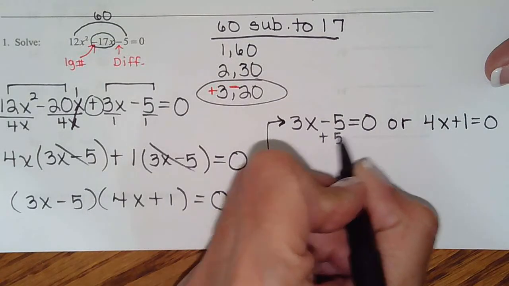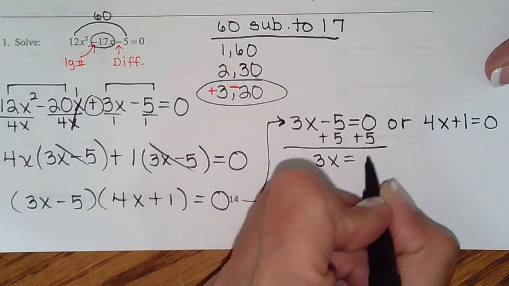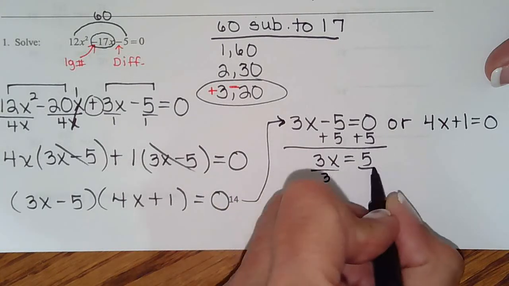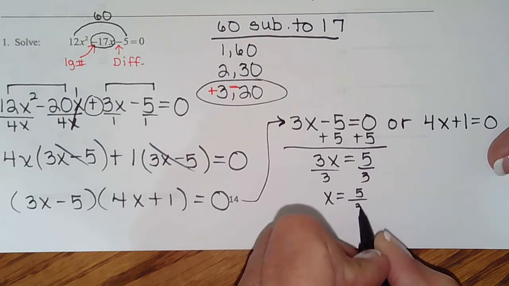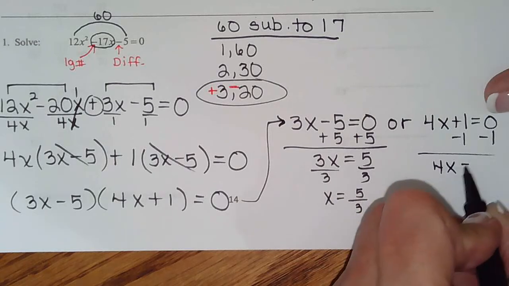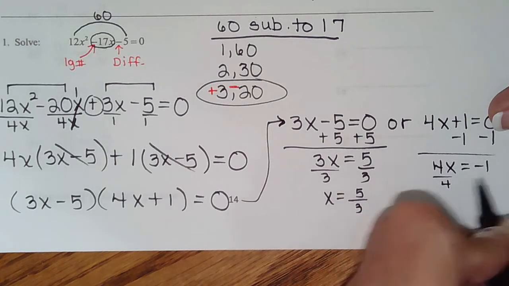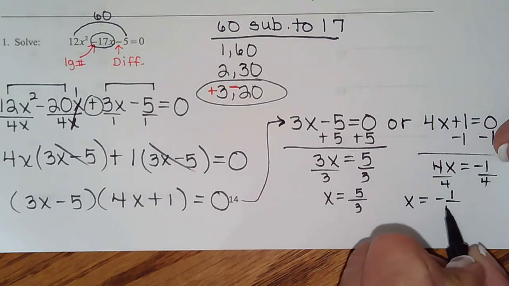So add 5, 3x equals 5. So x is 5/3. There's my first solution. And then subtract 1, 4x equals negative 1. Divide by 4, so x equals negative 1/4.